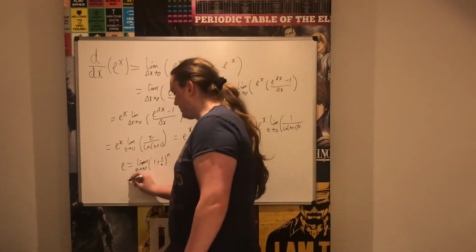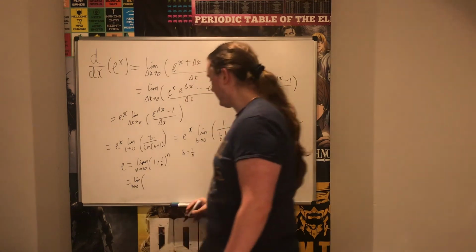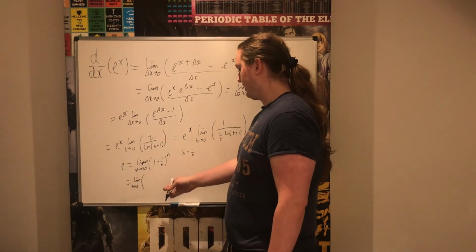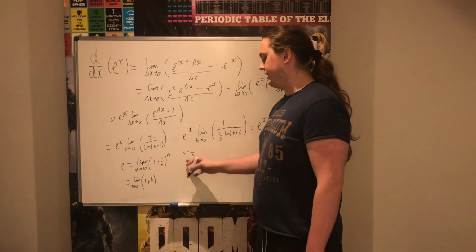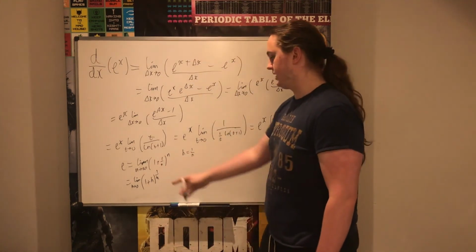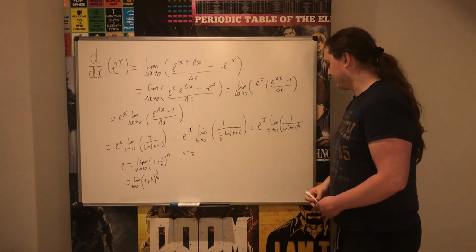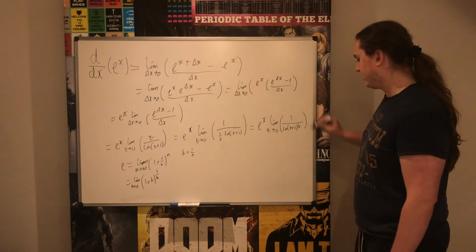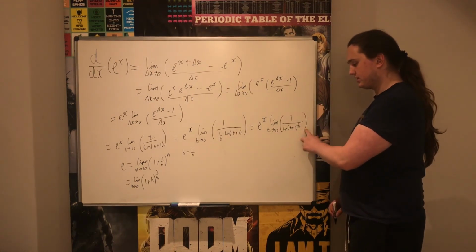So this limit is the same as the limit as h approaches 0. Now, 1 over n is h, so this becomes 1 plus h, and n is 1 over h. So this becomes the limit as h approaches 0 of 1 plus h to the 1 over h. Now what we see we have here is 1 plus t to the 1 over t.